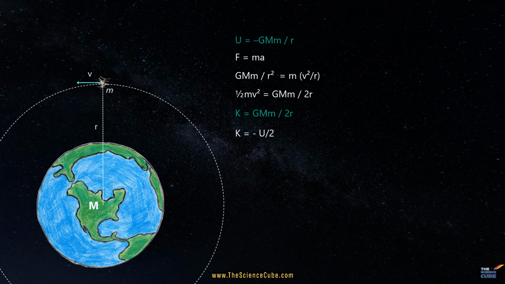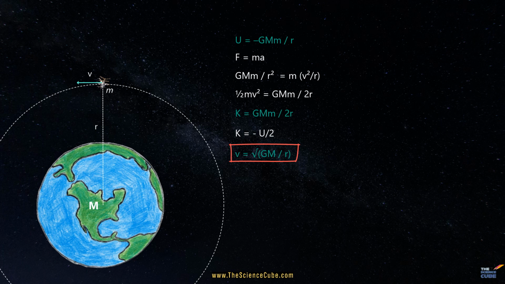So if a satellite has potential energy U equal to minus 1000 joules, its kinetic energy K is the negative of it divided by 2, that equals 500 joules. And you see, this equation also gives us the speed of the satellite, that is v equals root of GM upon r. And this relationship tells us something interesting.